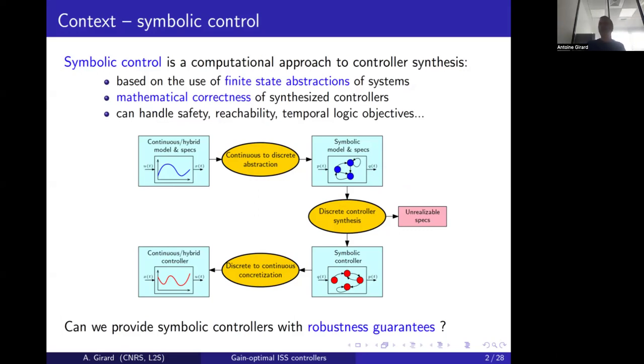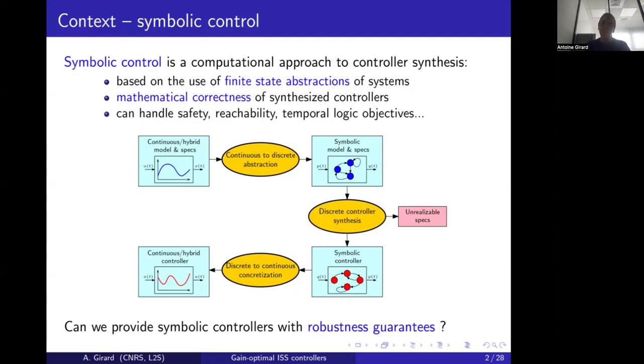So the symbolic control approach is a rich research area. One of the strengths is that it's applicable to a variety of nonlinear systems, and comes with guarantees of correctness of the synthesized control. Symbolic control also allows us to handle disturbances for the system, and usually we deal with bounded disturbances.